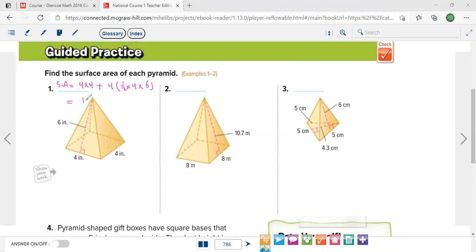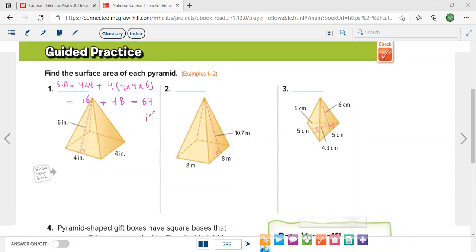So 4 by 4 will give you 16 plus half times 4 is 2, 2 by 6, 12, 12 by 4, 48. So 48 and 16 will give you 64.